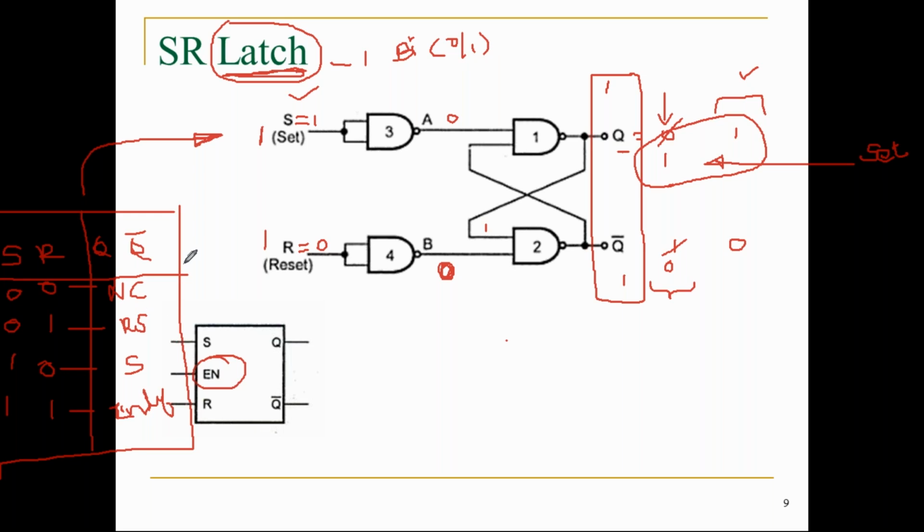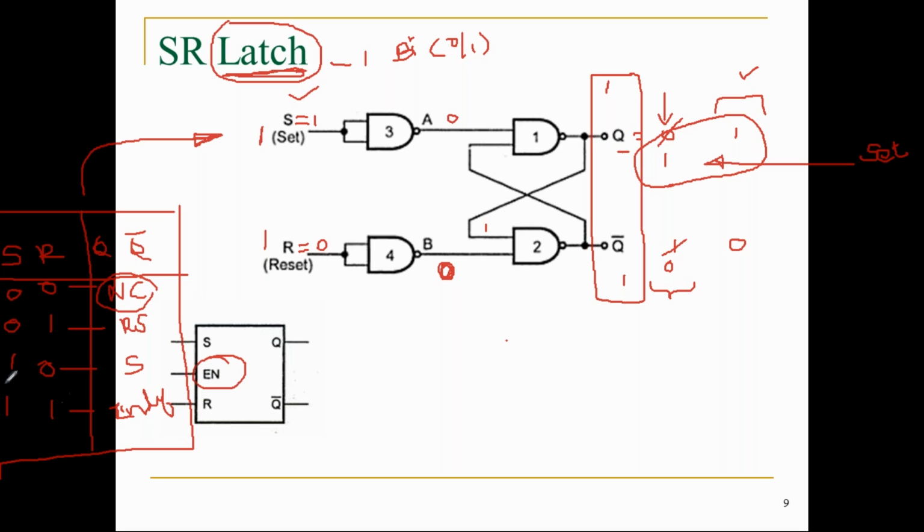For that, we test different input values and see the output. If S and R are 0 0, whatever the previous state was, the same remains. So we call that no change.